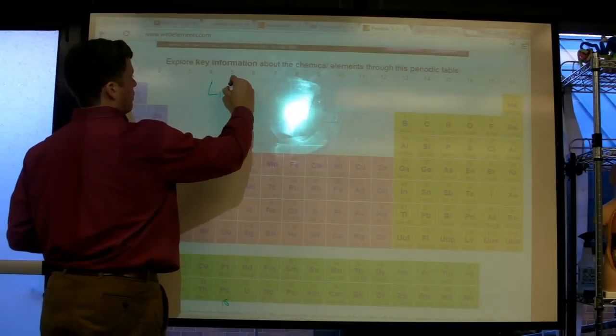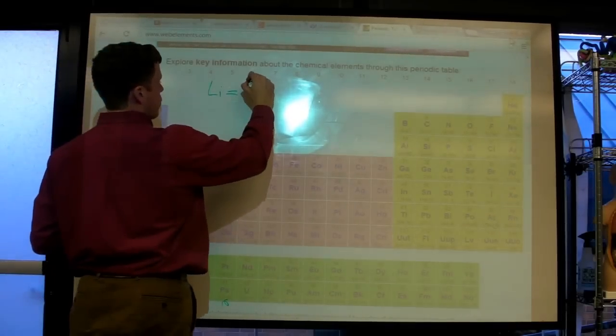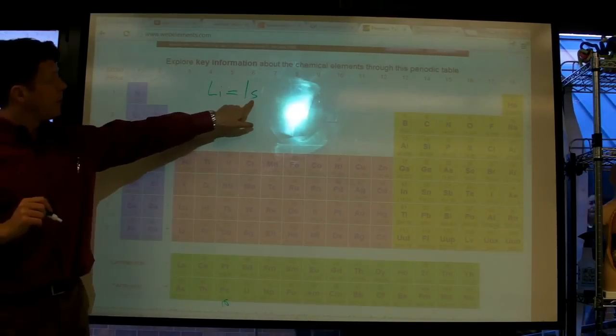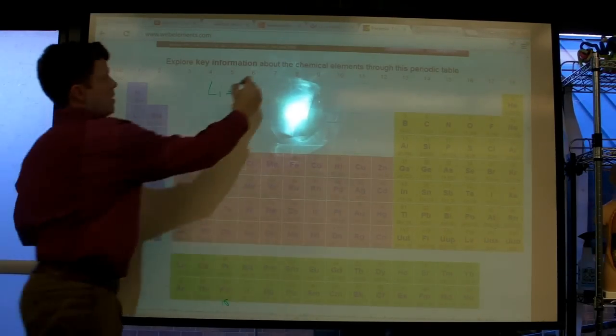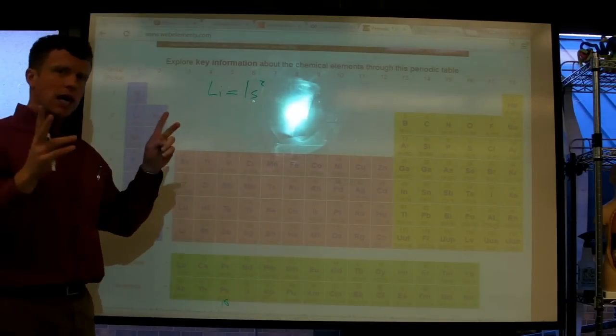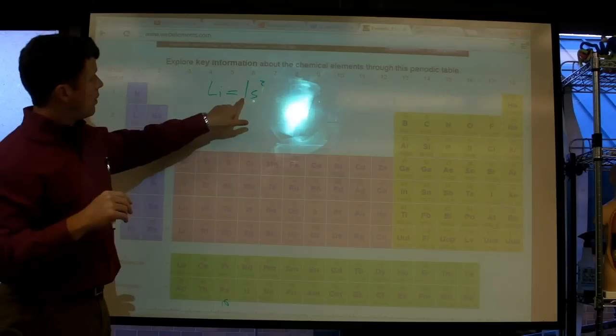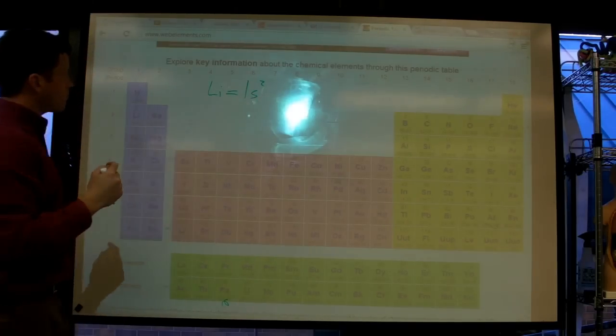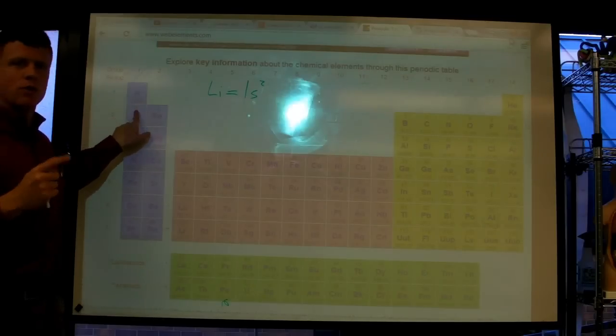So for lithium, we start the same way because it's obviously got its first energy level. That has a 1s orbital. 2 electrons fill that up. So that's similar to the electron shell idea that we talked about earlier. That first electron shell holds 2 electrons. But we're not done with the number of electrons, we've got 1 more.